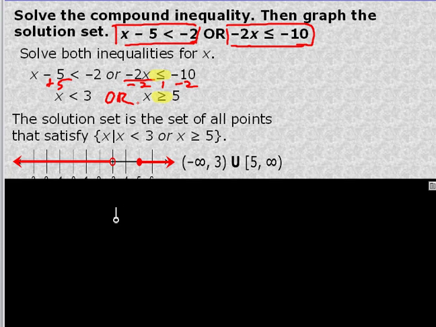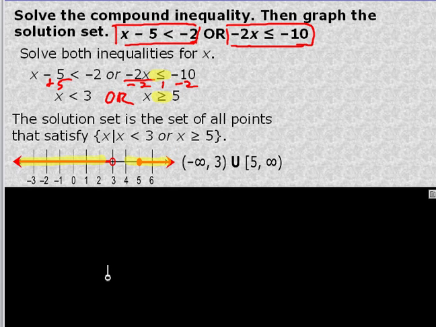And then we just graph X being less than 3 here, X greater than or equal to 5 here. This is the interval notation. So -infinity to 3 union square brace 5 to infinity. You can specify the solution set in either form.